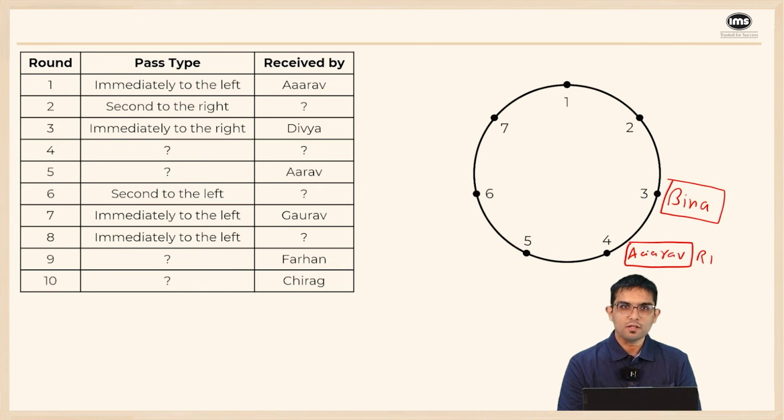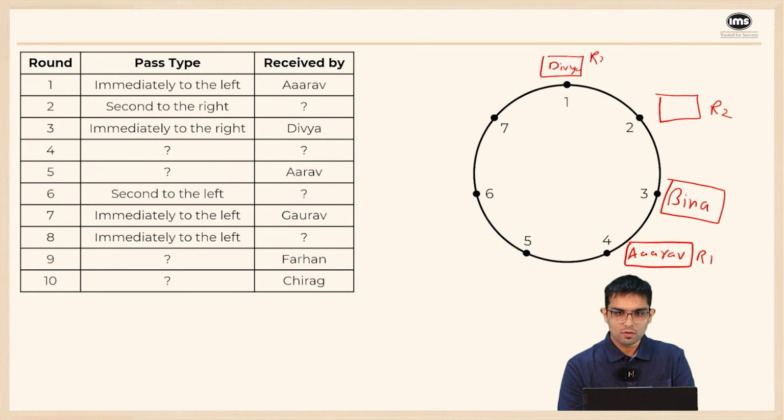Now Arav is passing to second to the right. So who's there on the second chair, we don't know, but in round 2, he or she must have got the buck. Now that person is passing immediate to the right. So that is number 1 chair and that is given as Divya. And Divya is receiving in round 3.